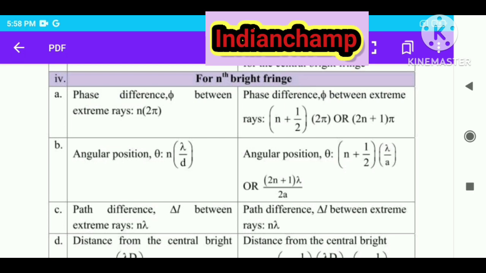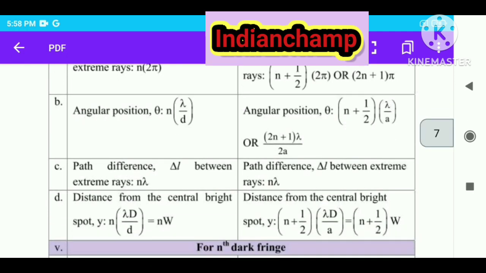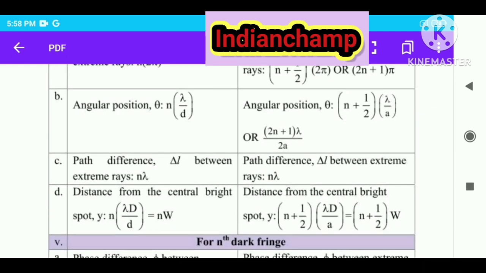In single slit diffraction, the phase difference phi between extreme rays is (n plus 1/2) into 2 pi, or (2n plus 1) pi. Angular position theta is equal to n into lambda by d. In single slit, angular position theta is (n plus 1/2) into lambda by a, or (2n plus 1) lambda divided by 2a.